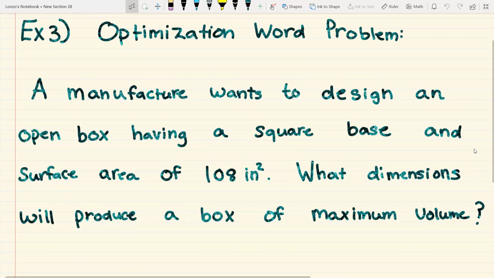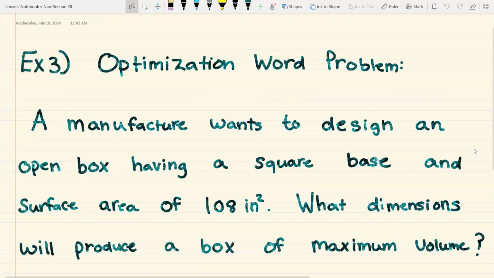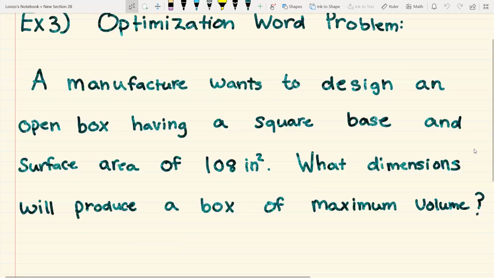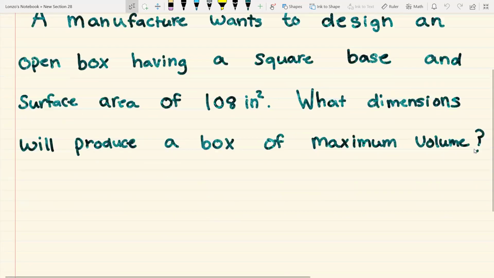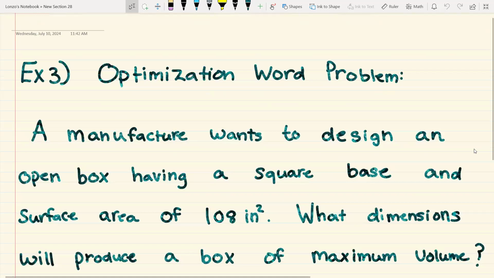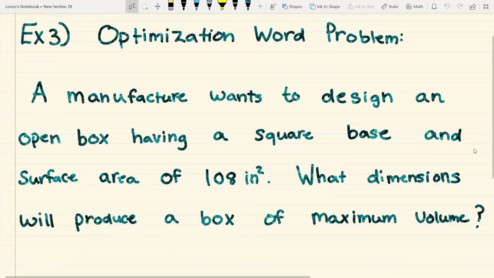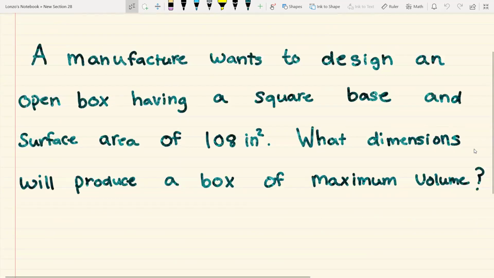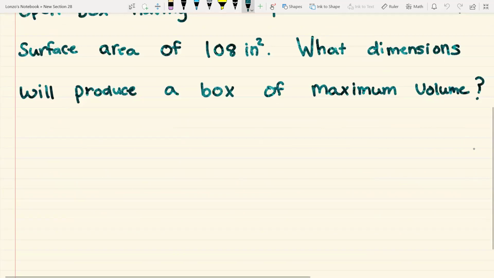So the first step in this optimization word problem is draw the best image you can. It says we have an open box, or an open cube, with a square base. So you could just draw a regular cube. How does a cube look? It would look something like this.